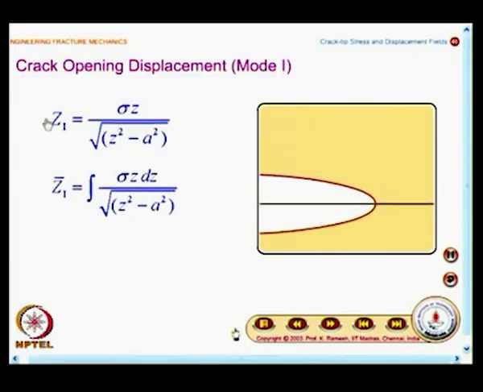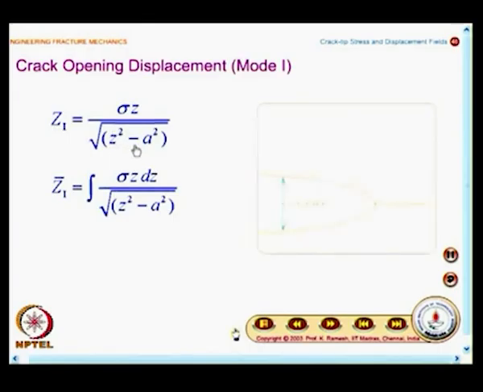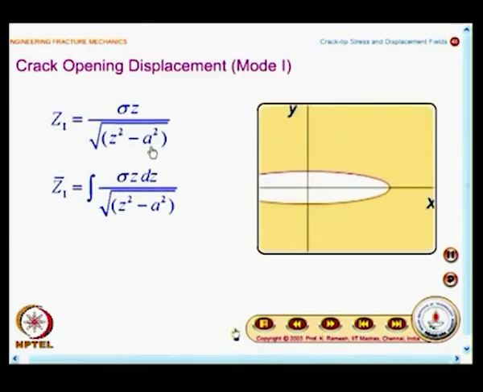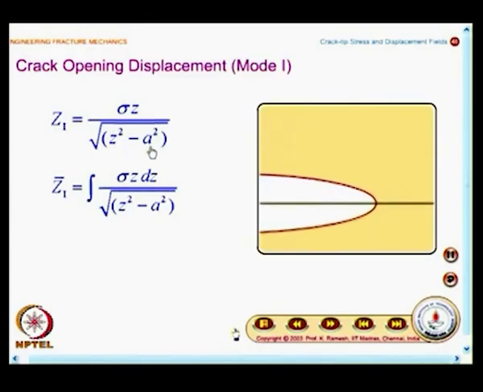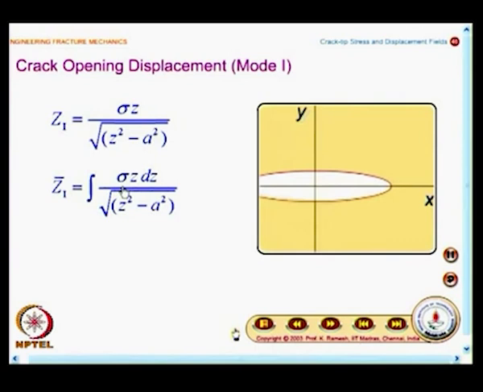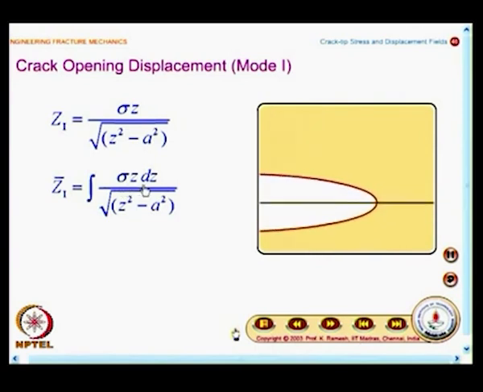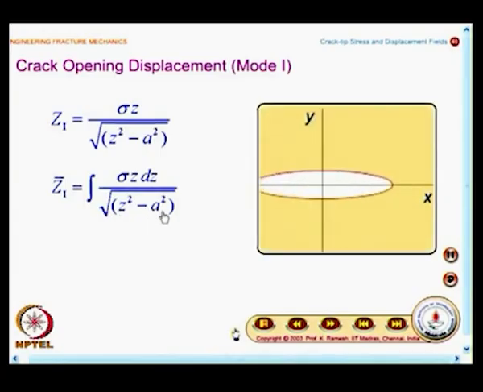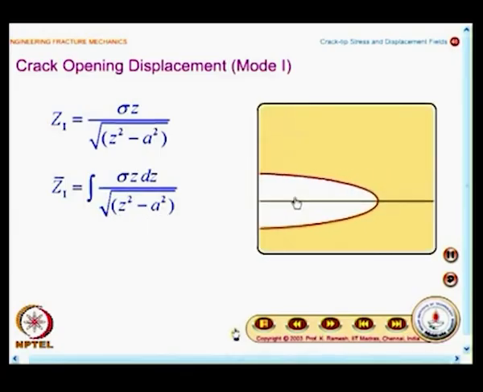So, I have taken Z1 equal to sigma z divided by root of z squared minus a squared. And what happens to Z1 bar? Simple integration. I get this as the integral of sigma z multiplied by dz divided by root of z squared minus a squared. And what is this displacement?